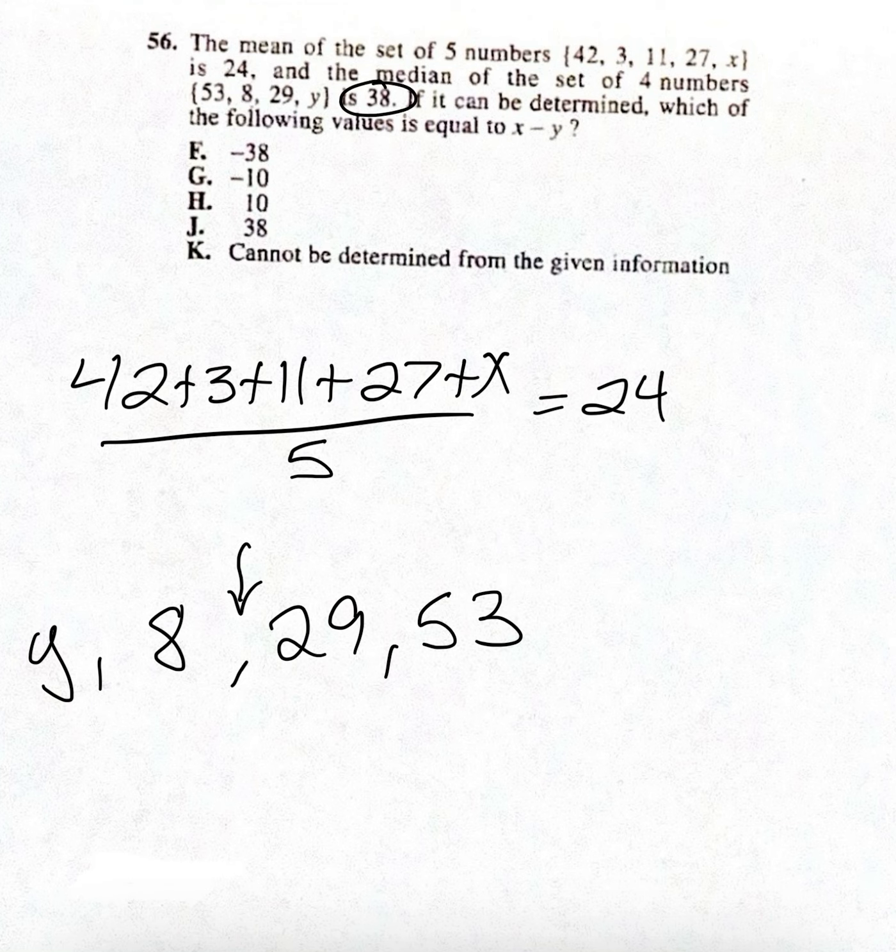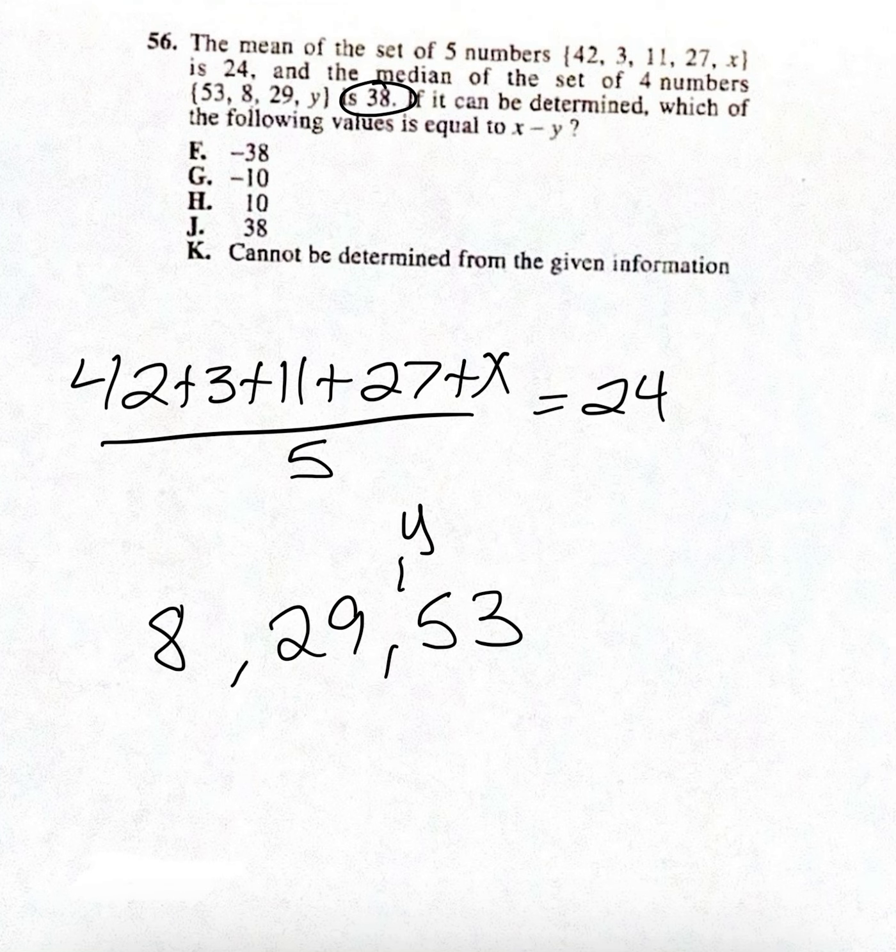So that can't be where y goes. Could y go in between 8 and 29? If we put y here, could the median of 38 be between y and 29? No, it couldn't. So y can't go between 8 and 29.